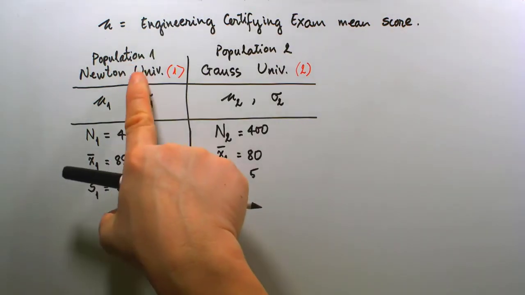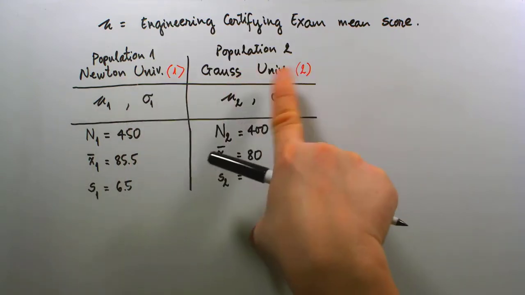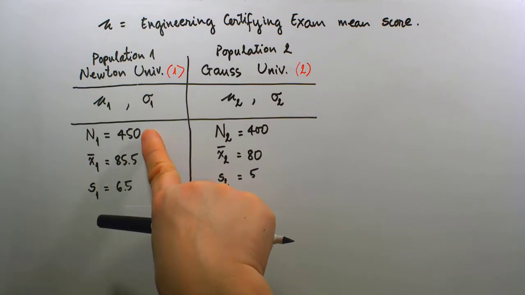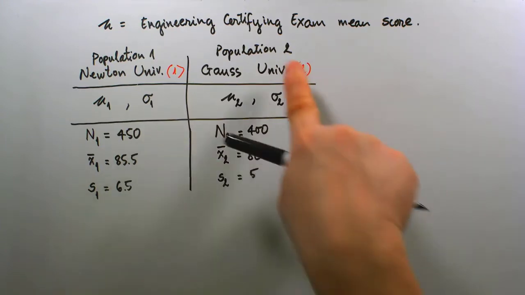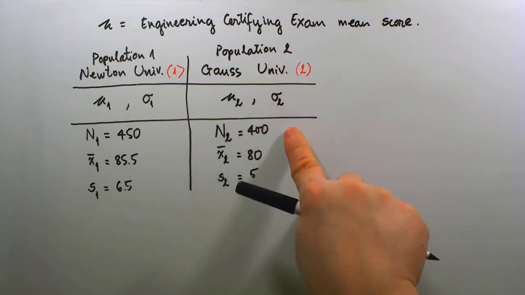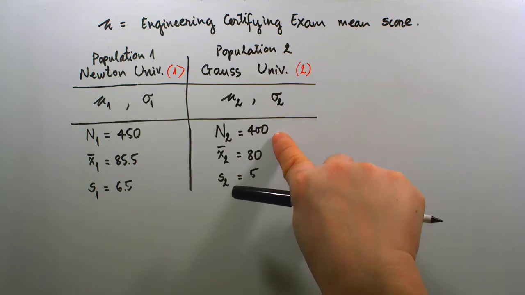It could be that the student population from Newton University is a lot more than the population from Gauss University, so we have more opportunity to pick a larger sample, whereas in population 2 over here, at Gauss University, we have a smaller population, so it's only good enough for us to pick a sample of about 400 students.